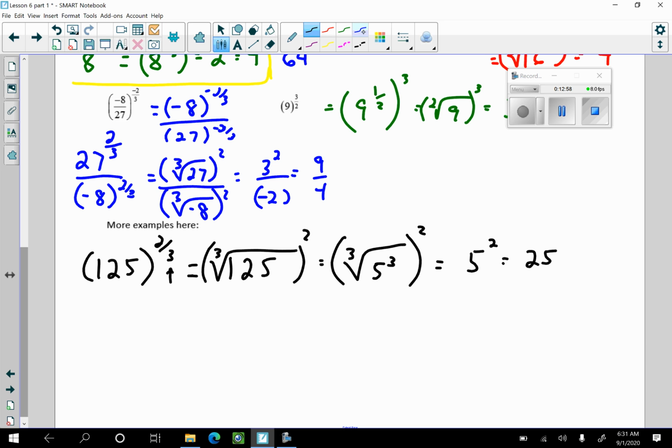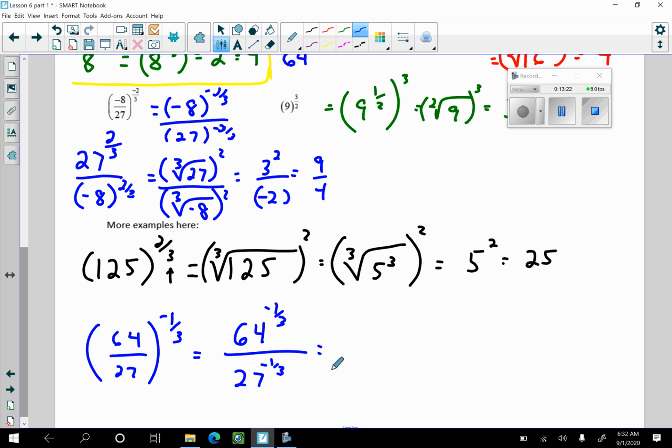And one more example here that we're going to put down. We're going to go 64 over 27 to the negative 1/3 power. Well, we should know what to do with the negative 1/3 power. We can distribute that to the numerator and denominator right here.